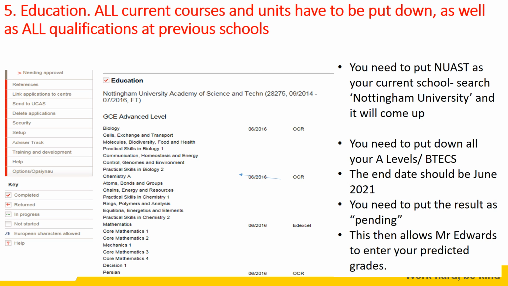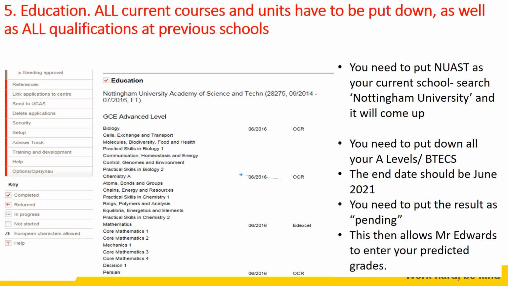So you need to input all of your BTECs and A levels. Okay, every one of them. Now, they are on there. I've put down BTECs and A levels as one of the preferred options, so they're there automatically ready for you to click on. The end date of your qualification should be June 2021.